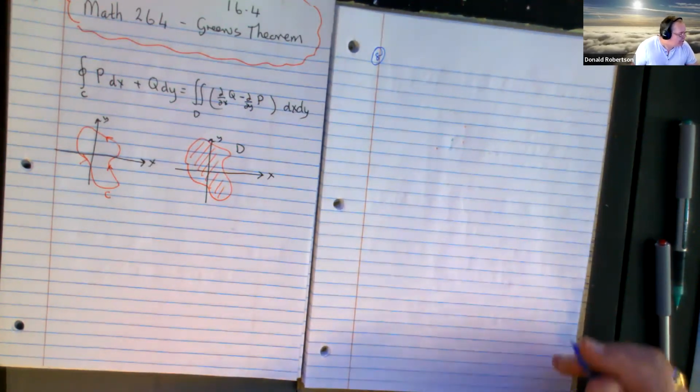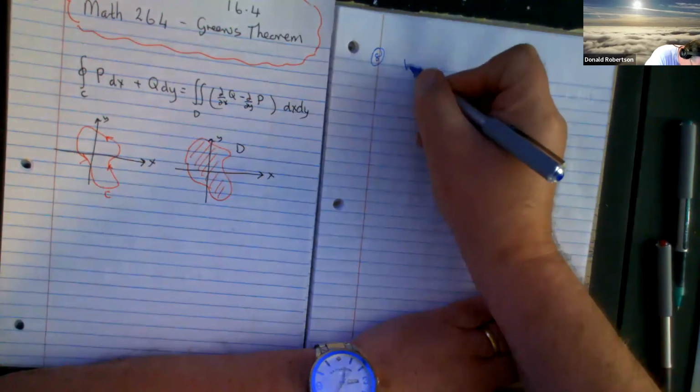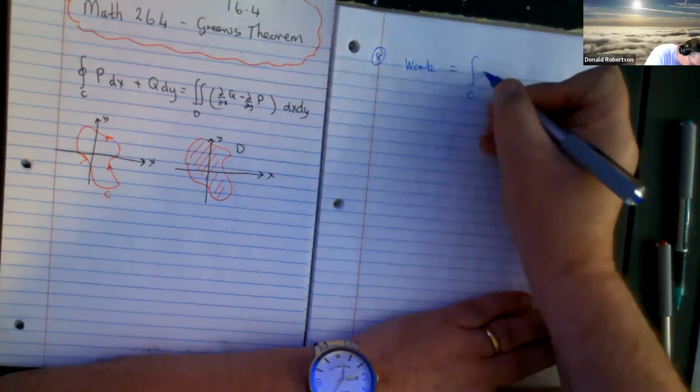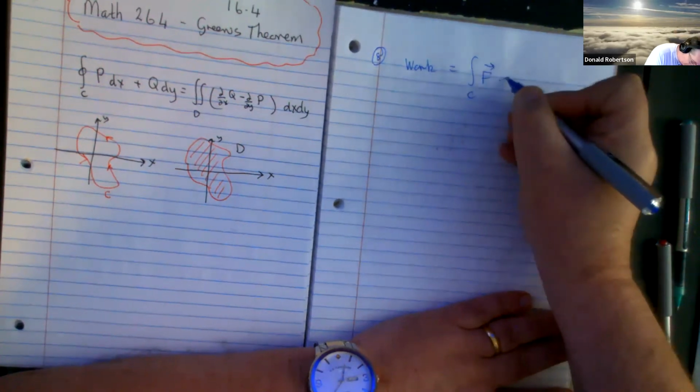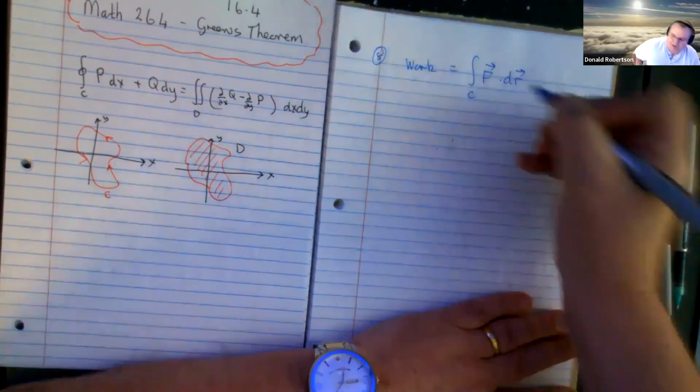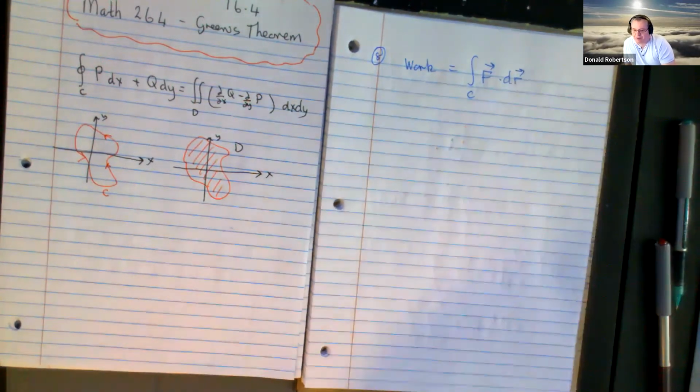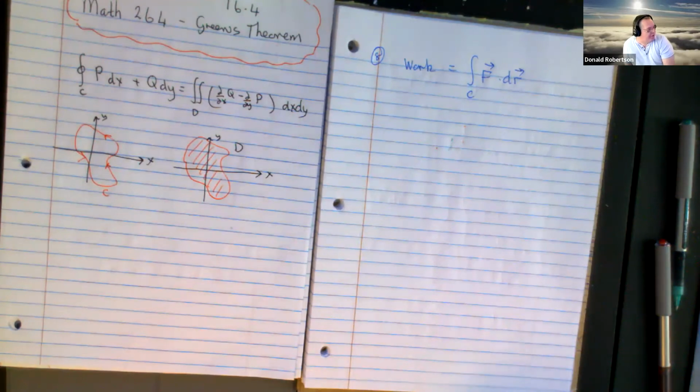Anyway, we're going to use Green's theorem to find the work done. Isn't the work done just a disguised version of find that? They didn't tell me to find that, but they said find the work done. So I know it's that. Right, we've seen that enough times.